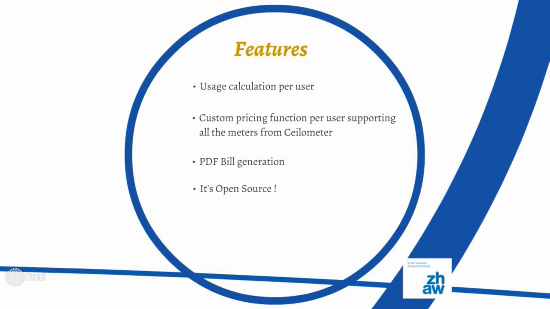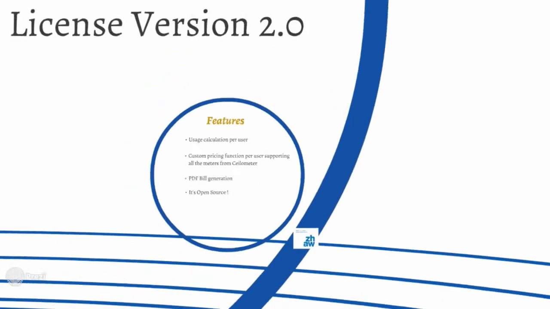So it is able to calculate all this and generate a PDF at the end of the whole cycle and say to a person that, hey, as a user, this is the amount of usage you have done, and for whatever pricing rules or pricing formula has been defined for you, this is the amount which you need to pay. So the proof of concept we have done can do this, and it has been open sourced, as you can see.